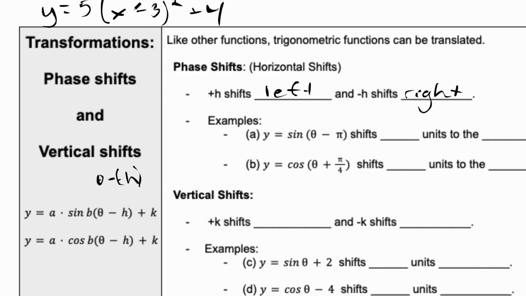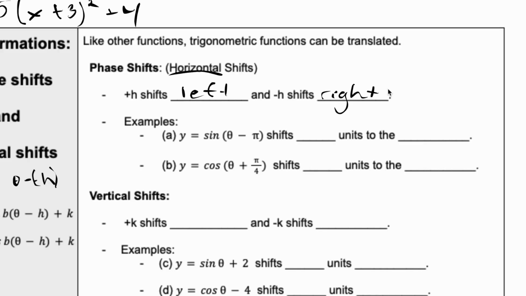This minus 3 inside our main function, where we're squaring this x, is going to horizontally shift us to the right. It's very similar here, where we're subtracting this h, whatever constant that may be, it's going to shift us to the right. If we were going to add 3 pi, that would be shifting us to the left. So inside our function is going to be horizontal. And this applies to things like absolute value functions too.